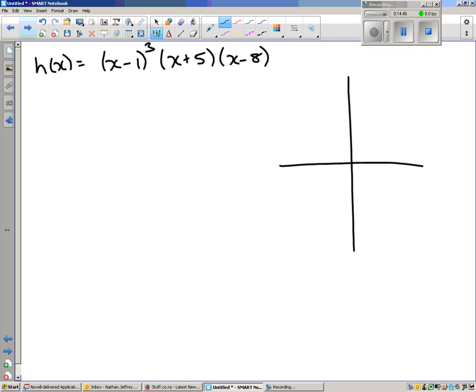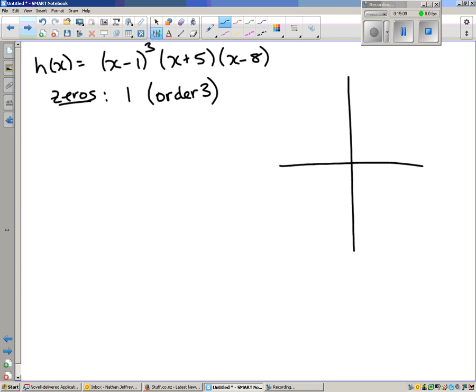So what zeros are we going to get from this function? 1, -5, and 8. So our zeros, and just so you can work backwards, I would say you're going to have a 0 of 1, and in brackets beside it put order 3.